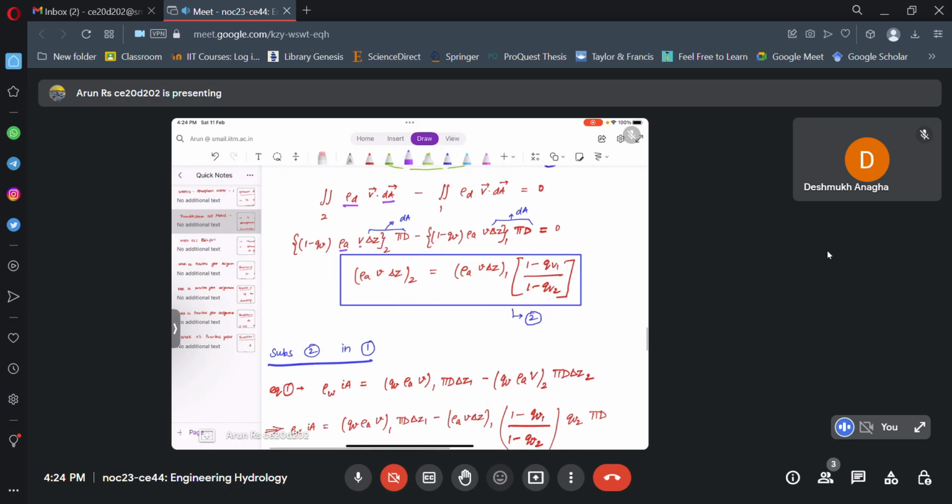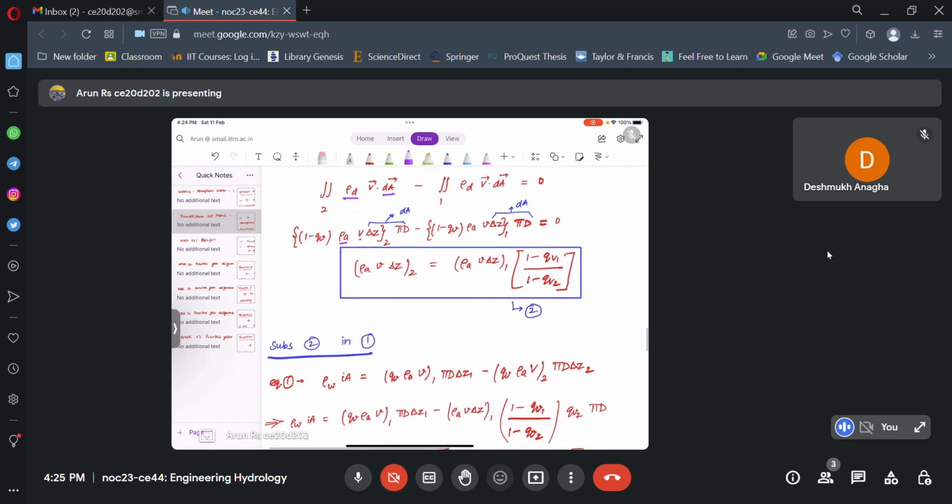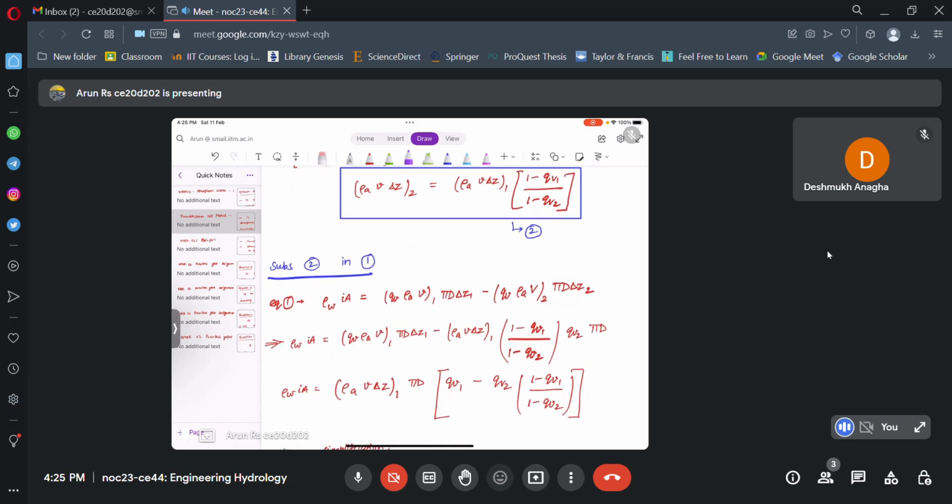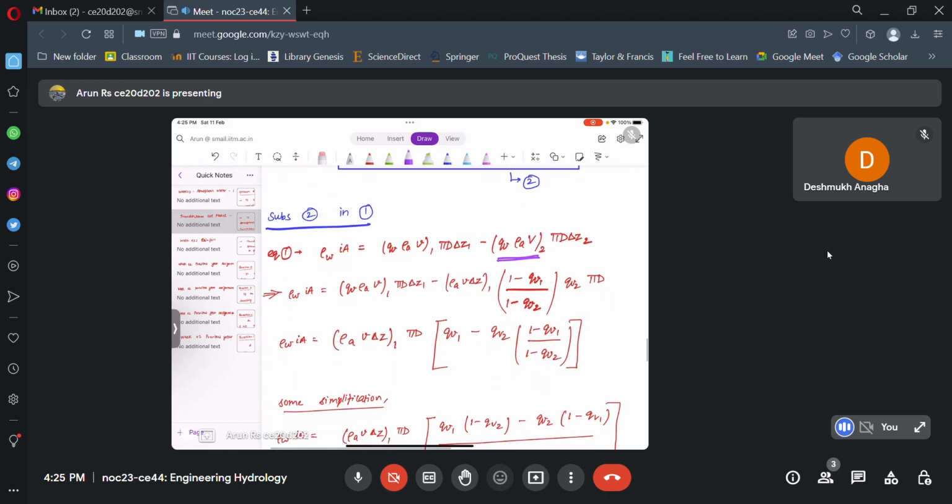Now coming back to the continuity equation which we have written for the moist air. We have stopped at this place, so we have basically determined this parameter. We are going to substitute equation 2 in equation 1 and simplify it.